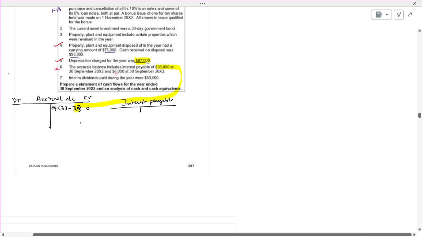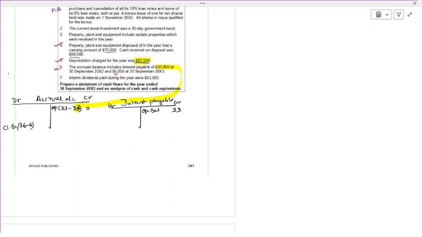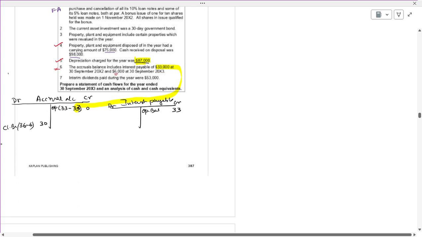Opening balance 33. Now the closing balance: 36. In that, interest is how much? 6. Then the closing balance will become 30. The same interest.